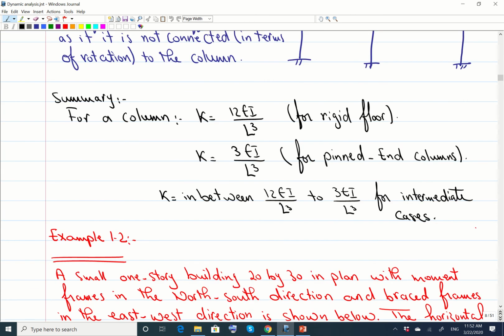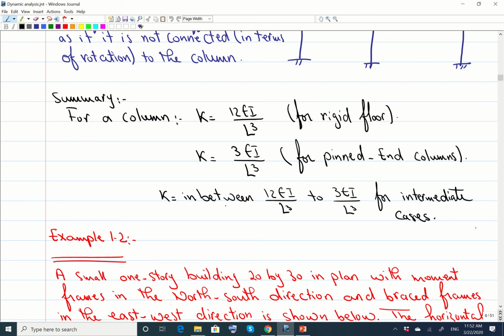So as a summary, simply K is 12 EI divided by L cubed for each column for the rigid floor, with rigid connection between the column and the slab or the floor. Or it's 3 EI divided by L cubed for a pinned column, where there is no interaction between the column and the slab or the floor.